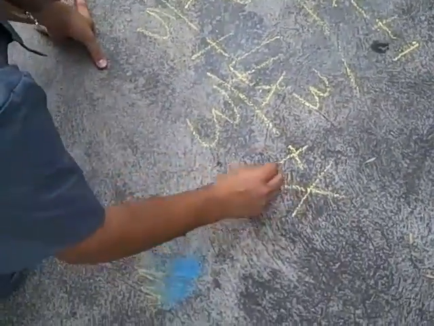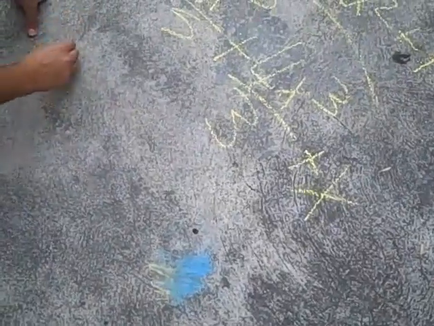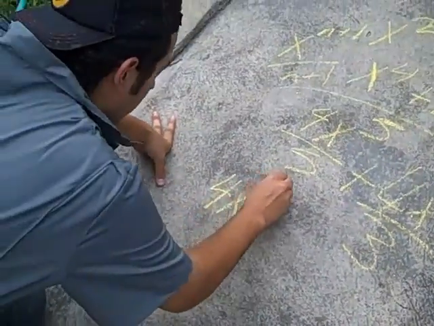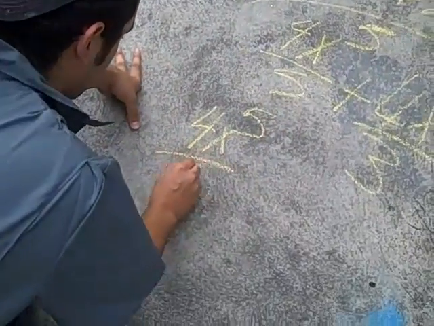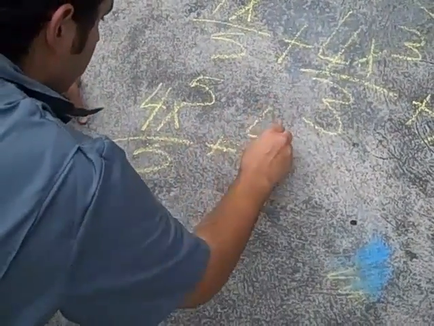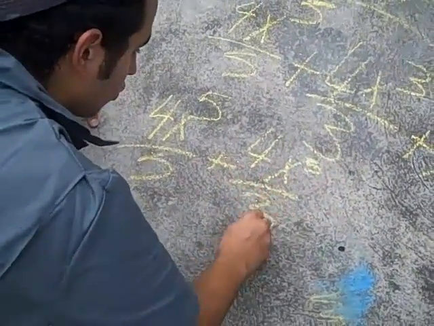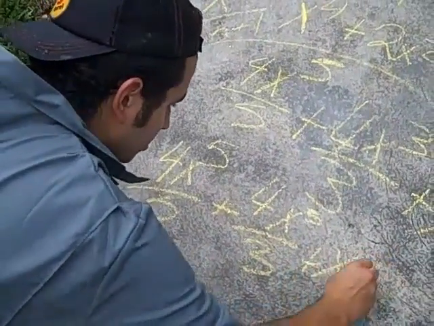And then my final answer would be 4x to the power of 5 over 5 plus 4x to the power of 3 over 3 plus x plus c.